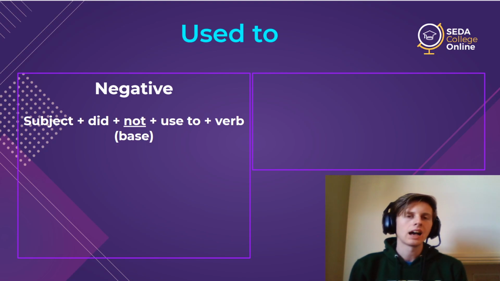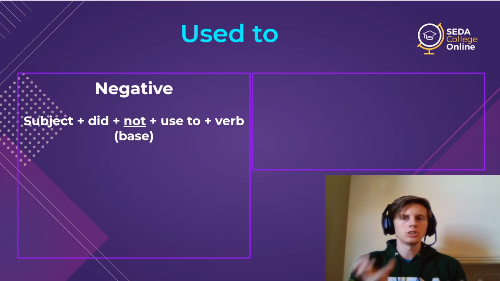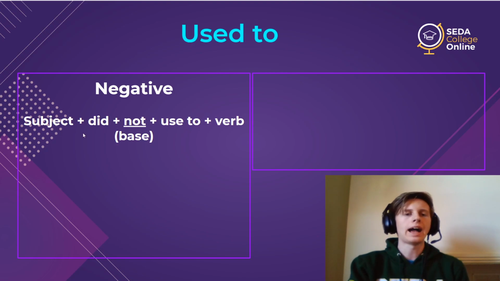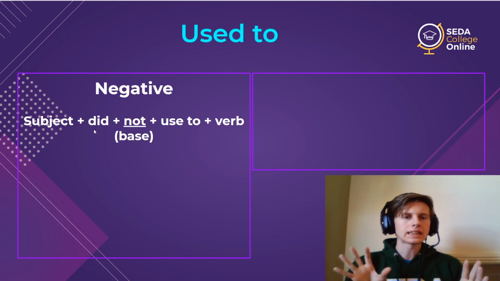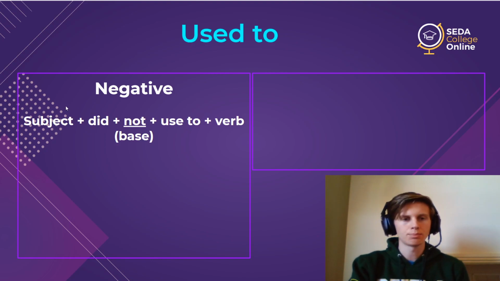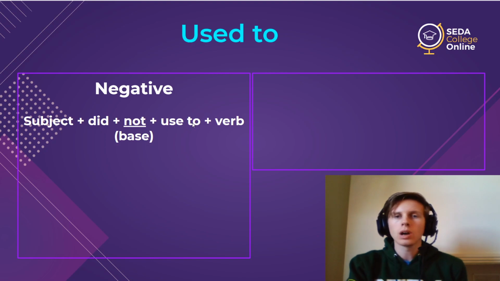I can say I am not teaching now because I have the auxiliary verb to be, and then I can put not after. In English, the negative is always after an auxiliary verb. But if I think about this sentence, the positive example, I used to, there's no auxiliary verb.